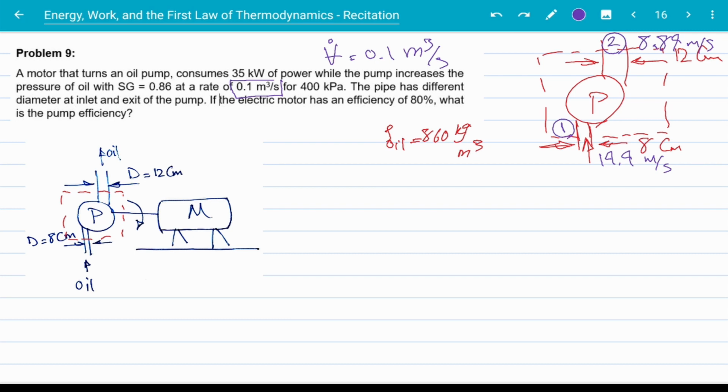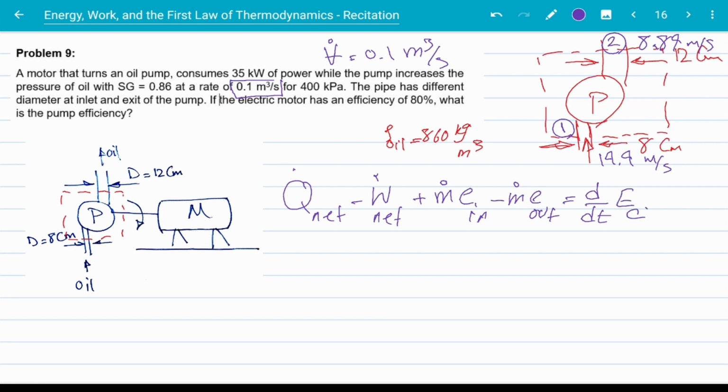So just like the last problem, the first law is written here: Q dot net minus W dot net plus m dot energy coming in minus m dot energy going out is equal to the rate of change of the energy of our control volume, right?